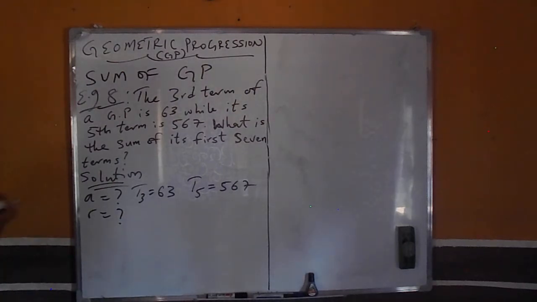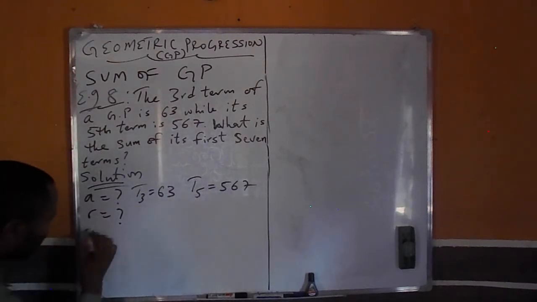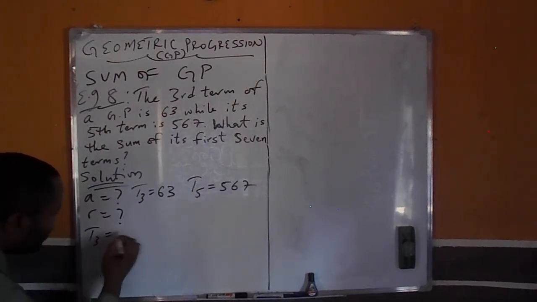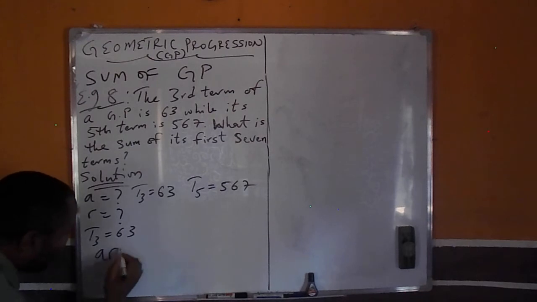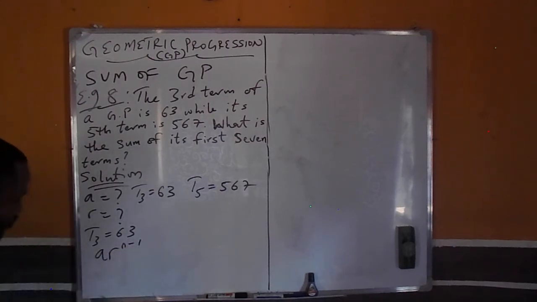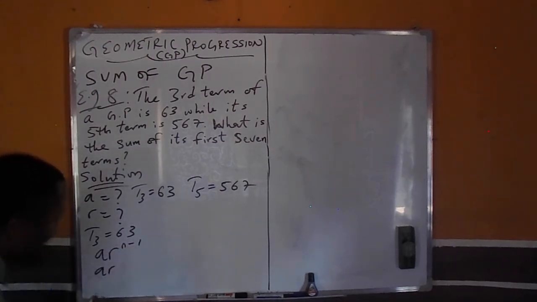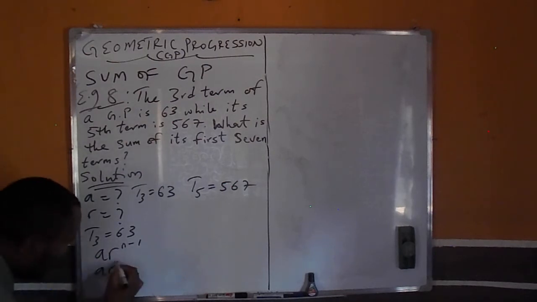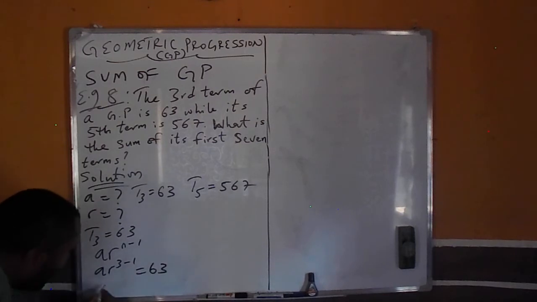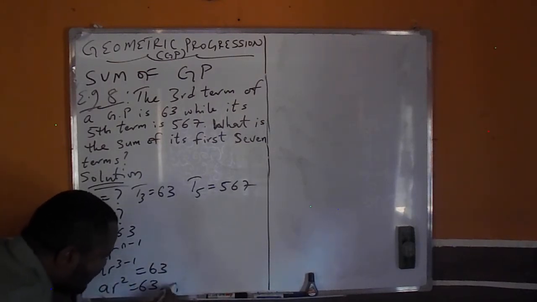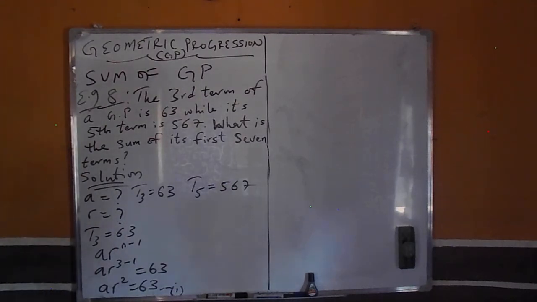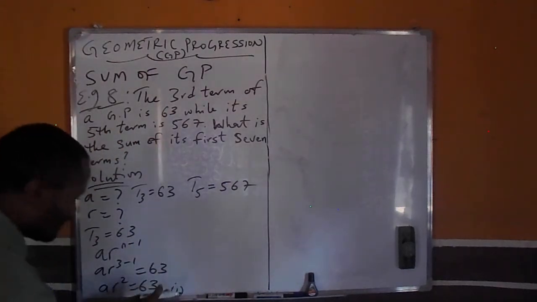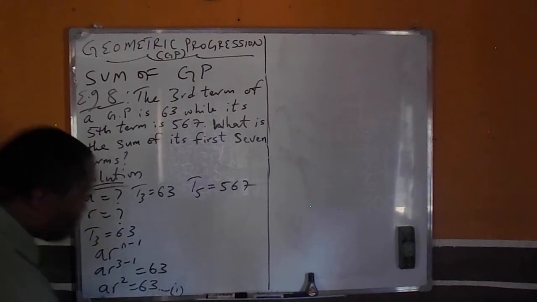Firstly, let's find our A and R first. Using these two we are given, T3 of 63, that will give AR raised to power n minus 1. A we are not given, R we are not given, n is 3 here, minus 1 equals 63. Which will give us AR raised to power 2 equals 63, equation 1.